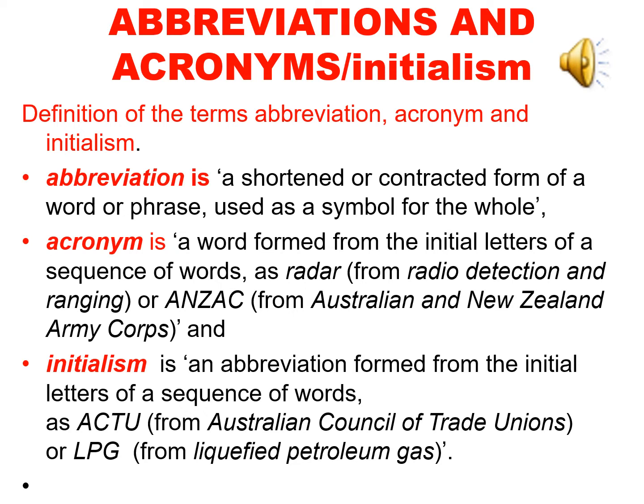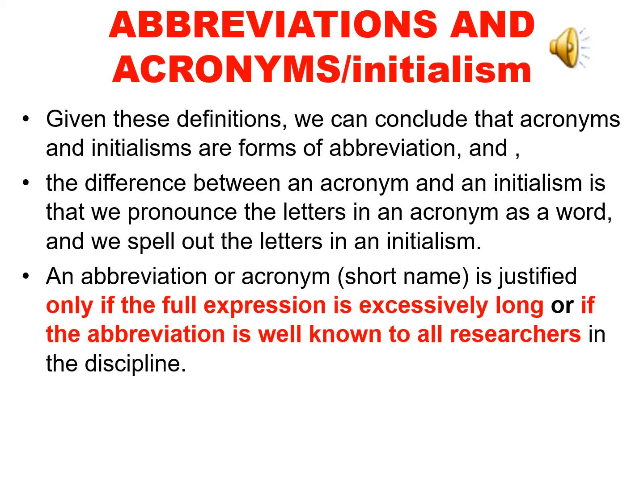An acronym is a word formed from the initial letters of a sequence of words. Initialism is an abbreviation formed from the initial letters of a sequence of words. We conclude that acronyms and initialism are forms of abbreviations.